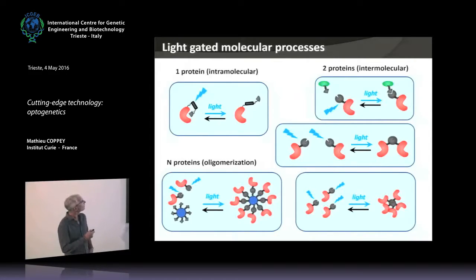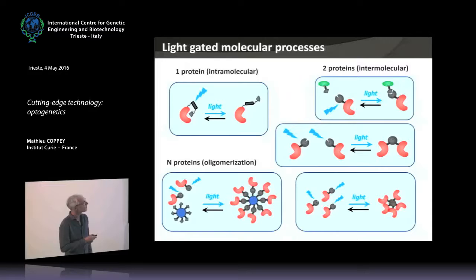I decided to classify them by how many proteins are involved. You have this one protein system, so it's intramolecular, where the idea is to use a light-gated domain that will change conformation when you shine light. When you shine light, you change the conformation, and that's why you can, for example, open a binding site that is hidden before, and then the protein becomes reactive because it can interact with a partner.